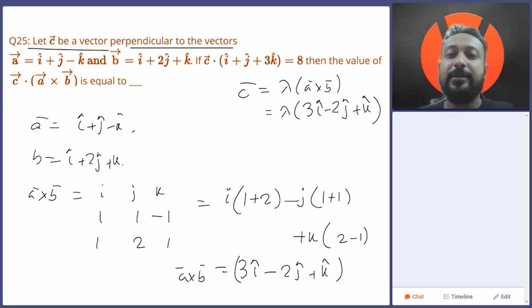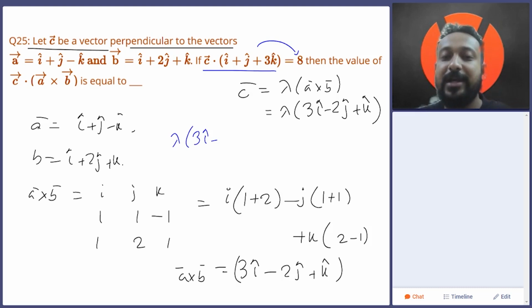Okay, got it. Then what are they saying? They're saying, if you got C, this relationship is given as 8. So C dot this: in place of C, if I put lambda times 3i minus 2j plus k cap, dot i plus j plus 3k, it will be 8. Okay.